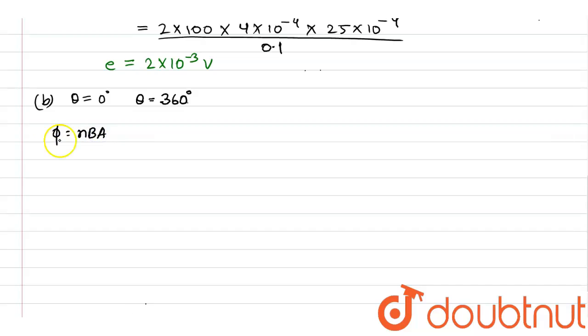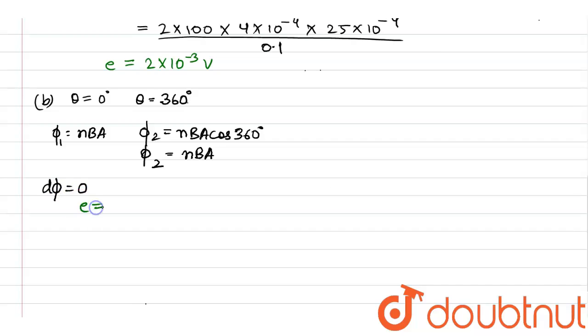But for the second case, phi 2 is going to be NBA cos 360 degrees. And cos 360 value is 1, so phi 2 is going to be NBA. So d phi is going to be 0. So our EMF E, which we need to calculate, is going to be 0. There is no use of calculating. Our value for the B part is going to be 0.